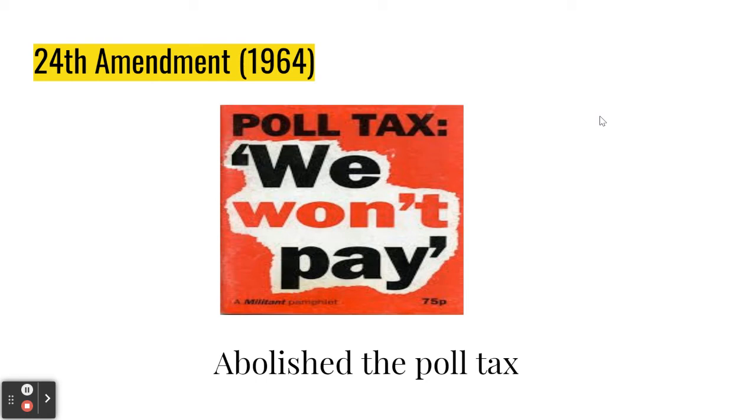So that begins to dismantle some of the barriers to realizing the full meaning and potential of the 15th Amendment that at this point had been passed about a century earlier.